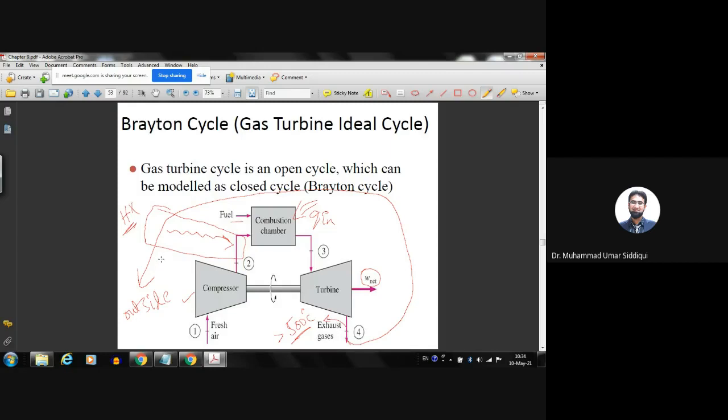This regeneration of heat allows us to use less fuel to provide the same heat input into the working fluid, the air. Do you get the concept or not? We are reusing some of the energy which was about to be wasted.